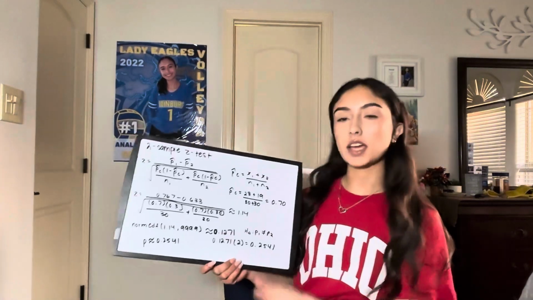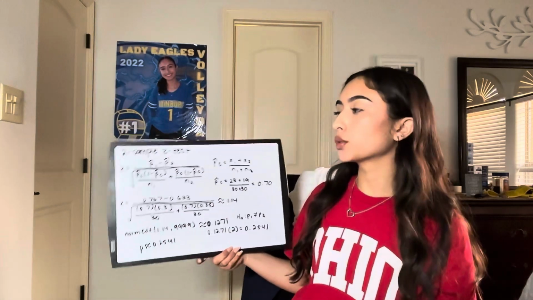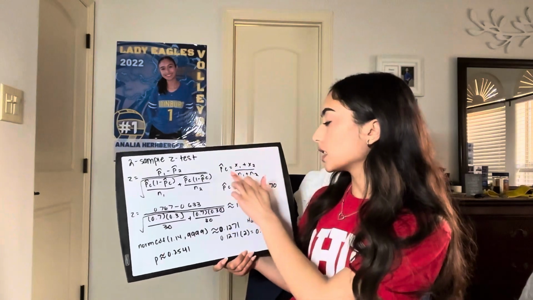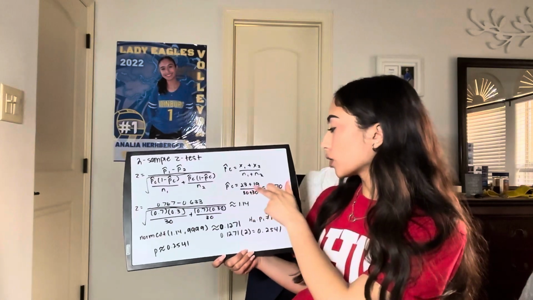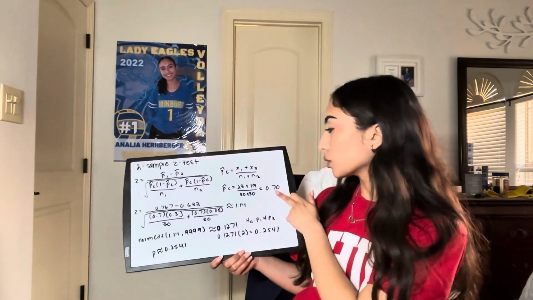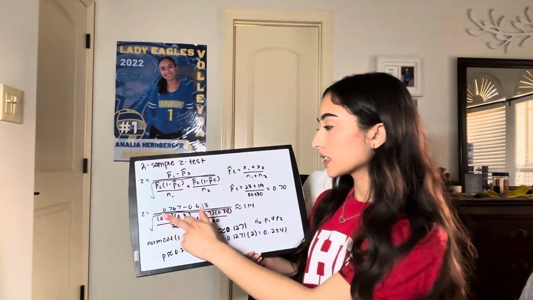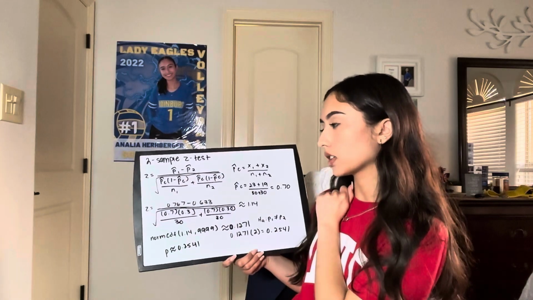These were my calculations, and I used the 2 sample z test, and this was the formula that I used. Since PC is equal to that, I did that calculation first. So 23 plus 19 over 30 plus 30, and it was 0.70. Then I inputted 0.70 for PC, and 0.3 for 1 minus PC.